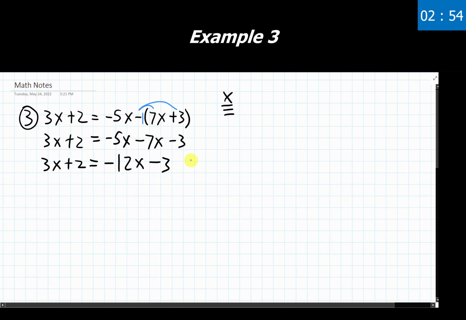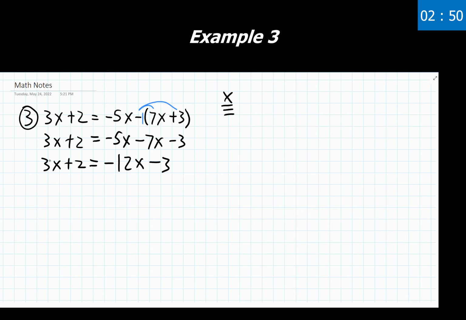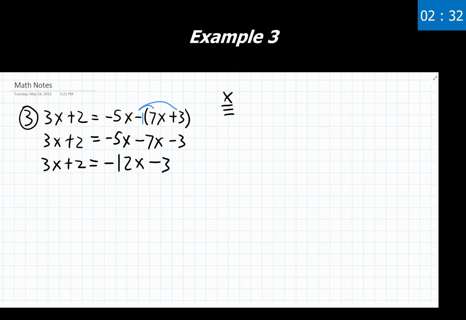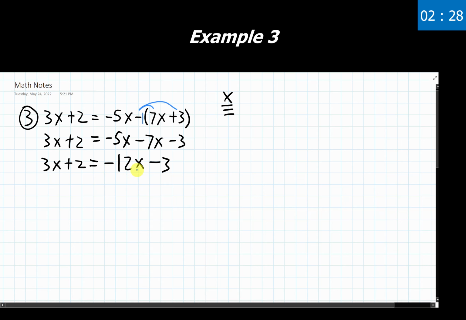If you're ever unsure which one is the lower value, here's a great little hint you can use. Which of these values, $3 or negative $12, is lower? And yeah, it's going to be the negative 12 here. No one wants negative $12. You don't want to be in debt to anyone. So that's a nice little hint you can use to figure out which one is lower. So this negative 12x is the lower one.